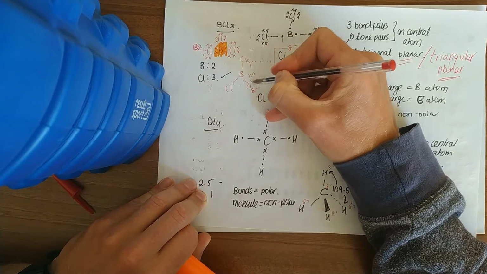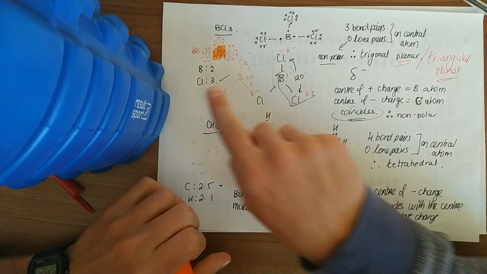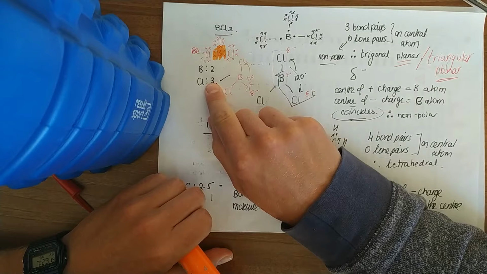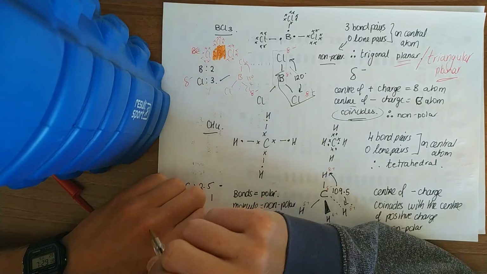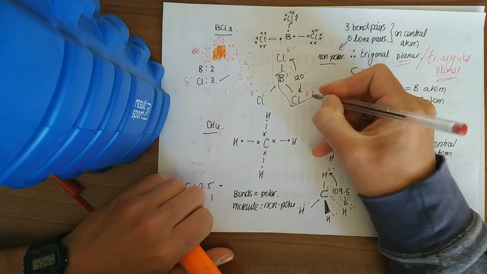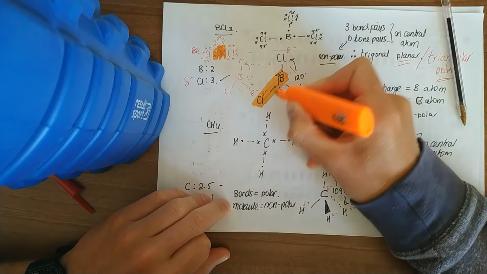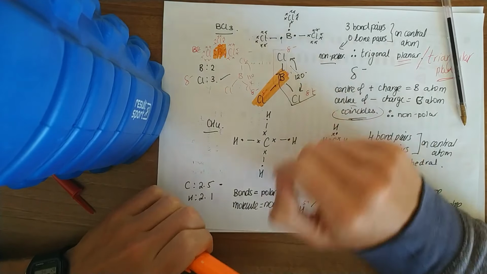So now if we're going to look at the individual bonds, chlorine has a value of 3, boron has a value of 2, bigger value, more electronegative, bigger pull for the electrons, each of your chlorines becomes slightly negative. So if we're looking at an individual bond, the chlorine becomes slightly negative, your boron becomes slightly positive.